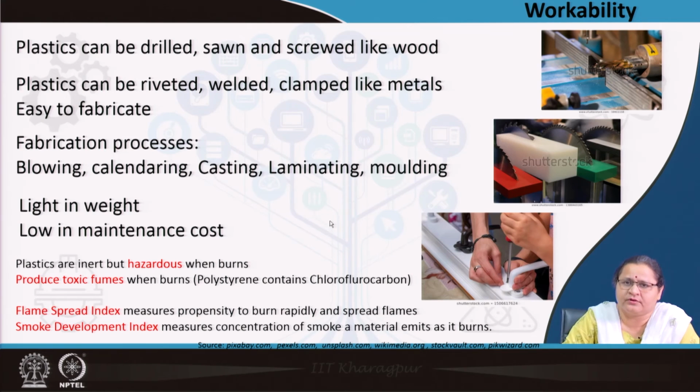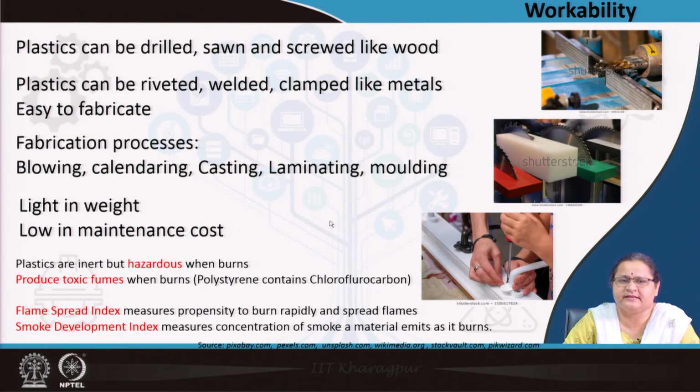Just to introduce these two terms, this is a scale basically from 0 to 100, low to high. Flame spread index, that means propensity to burn rapidly and spread fire, how rapidly it is burning. So, it is a comparative scale.